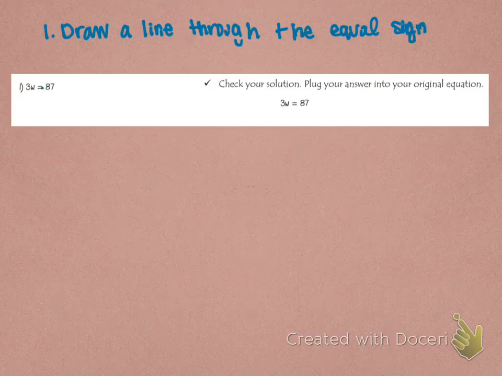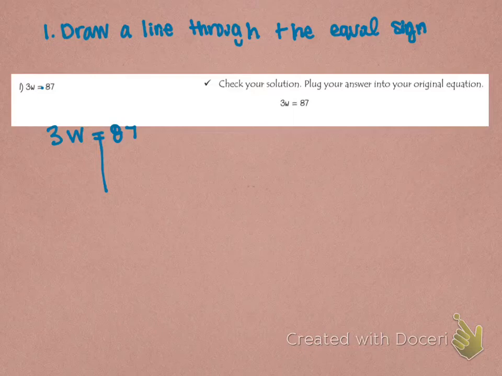Okay, so I'm going to rewrite this so it's a little bigger. And draw a line. And then the operation when a number is next to a variable, this means multiplication. So 3 next to W indicates multiplication.